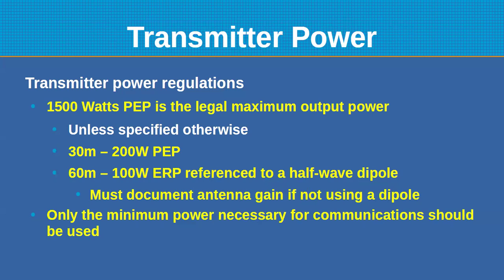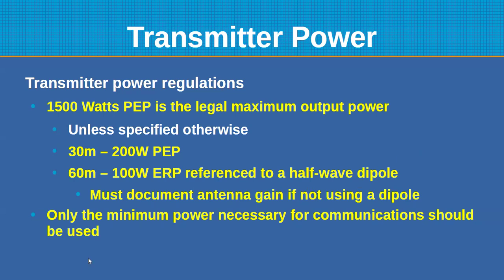Also, if you are operating on 60 and you have an antenna different than a half wave dipole, you have to document what antenna you're using so that if the FCC inspector, highly unlikely, would ever come by and check, you have that information in your logbook, which you're not required to have anymore, but it's a good idea.